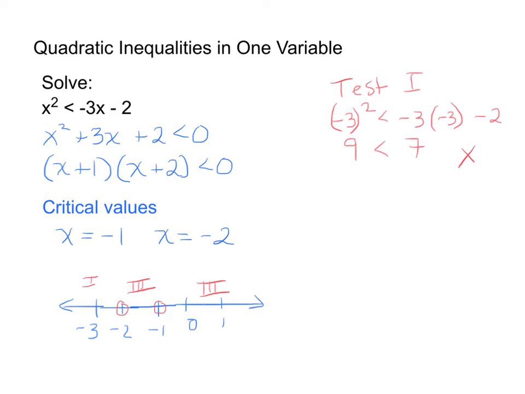So then we'll test region 2. What number do you want to pick in region 2? You can't choose negative 2 because it's a critical value. It's going to have to be a decimal number like negative 1.5. So let's do negative 1.5.